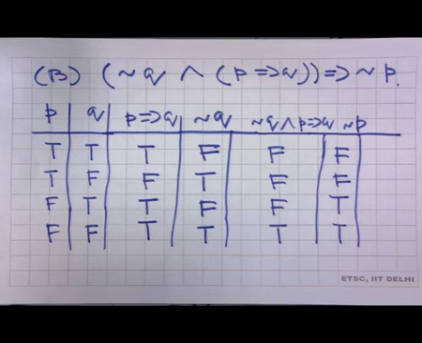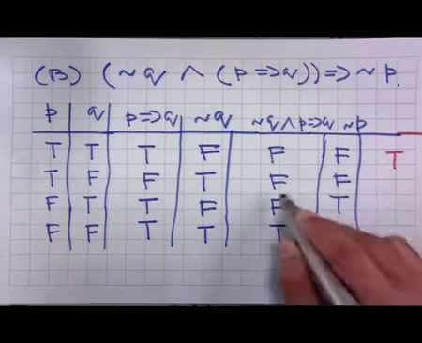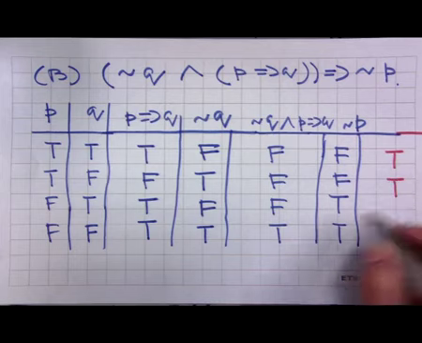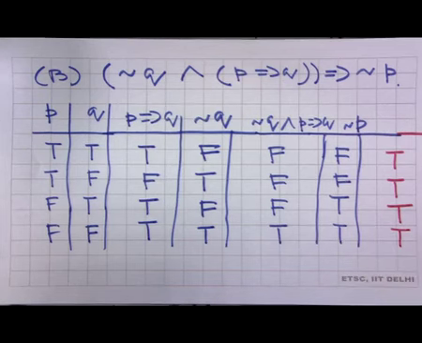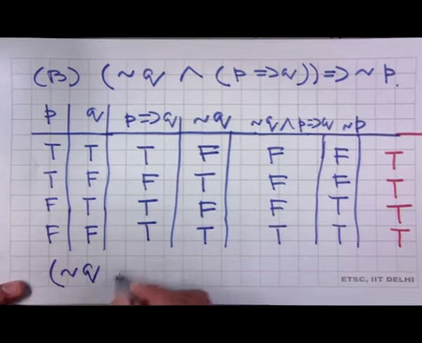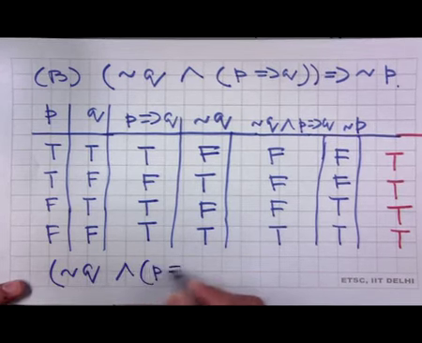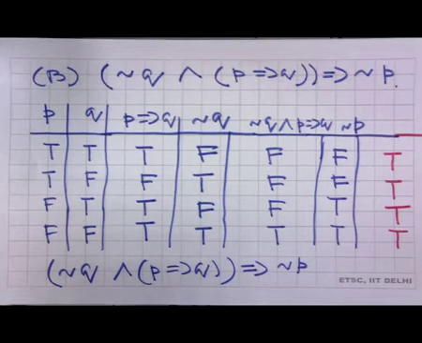And we find that false implies false is true, false implies false is true, false implies true is true, true implies true is true. Therefore, we can see that not Q and P implies Q, the whole thing implies not P, is a tautology.